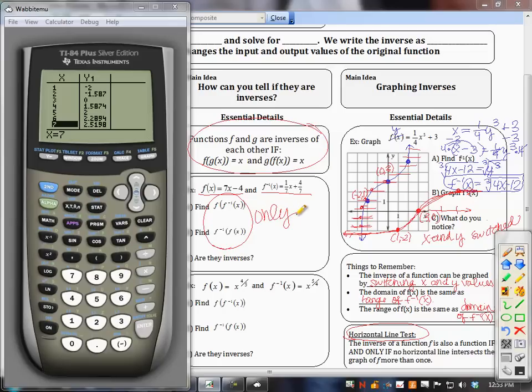Okay? This is the only way to verify. And I can say this as many times as I want, and still some people don't get that. You cannot find or show that they're inverses any other way than by finding composites. So kind of keep that in mind.